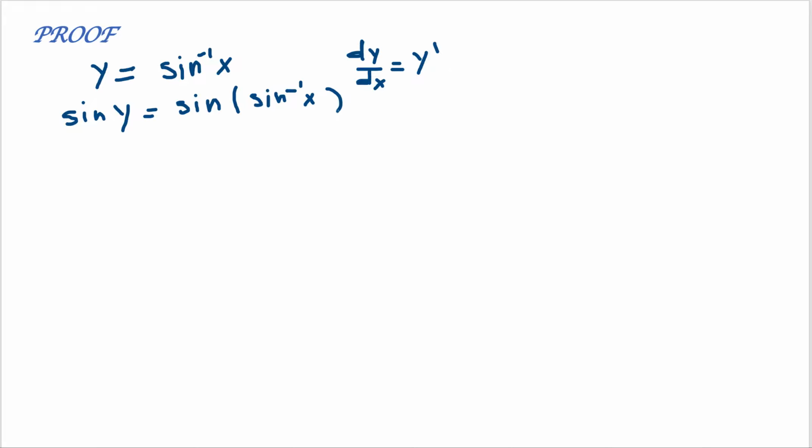So we have this here now. But we know, for example, if we have the function and the inverse function, the composition of the inverse function and the function f is going to be just the argument x. So this is going to be equal to x, and on the left side is going to be sine y. So this is a very important equation, because we are going to need it in the other steps.